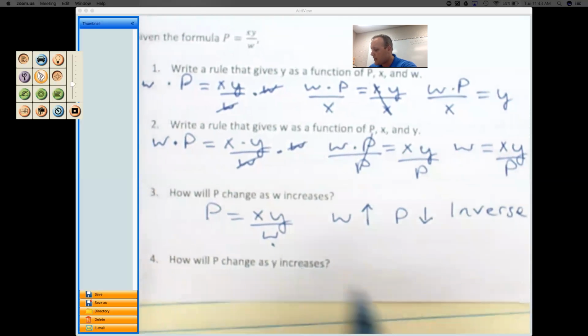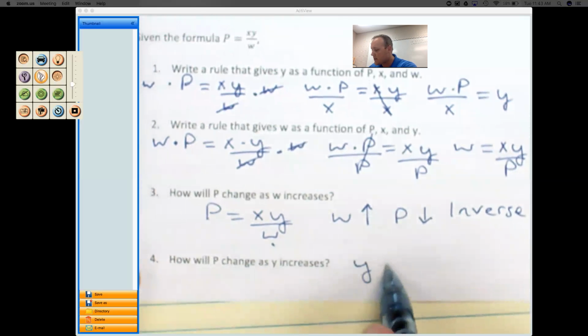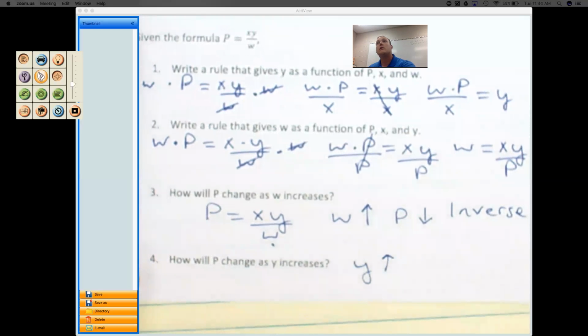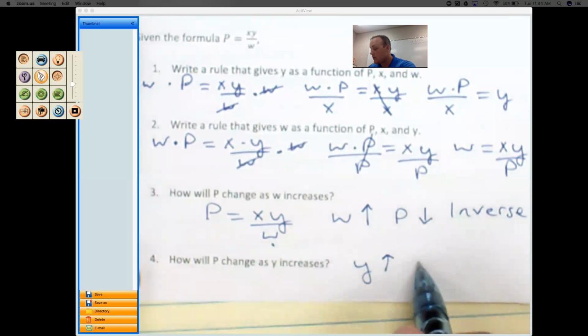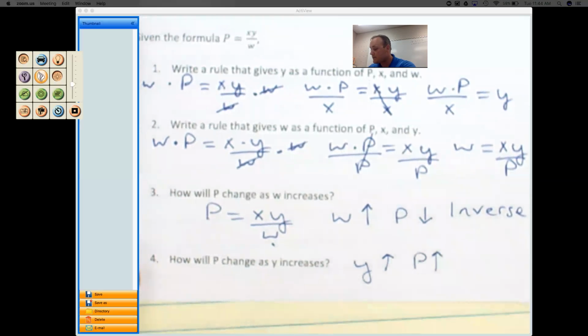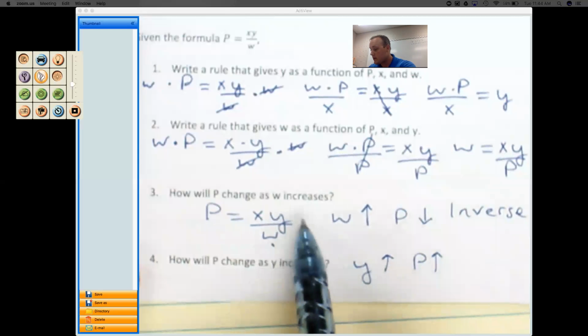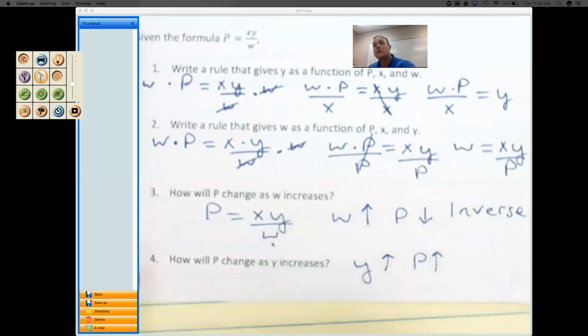All right, now how will p change as y increases? Somebody else. Alexis? It'll increase. Okay, p will increase. Why? Because there's more pieces.